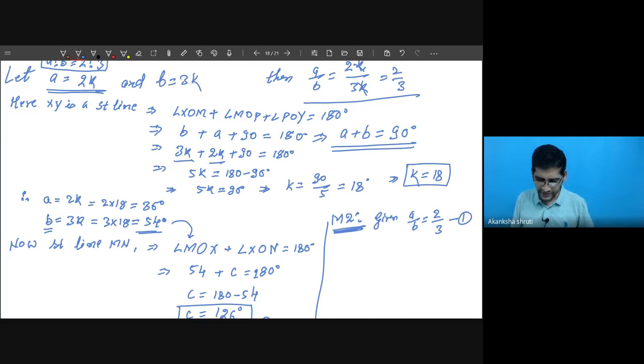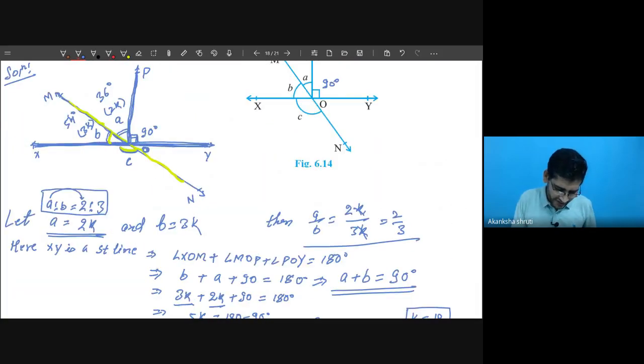Okay, student, this is one thing given. Again, A plus B plus 90 is 180, meaning A plus B is 90. How can we say? Student, observe this. This is a straight line. Now observe this part only.